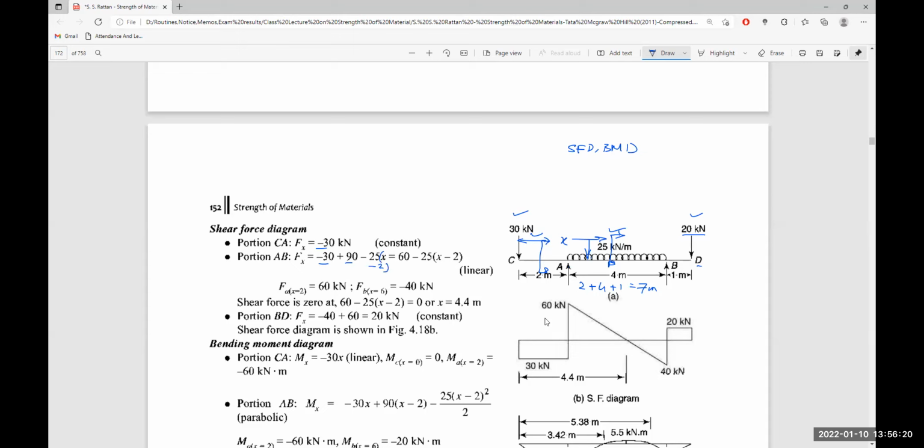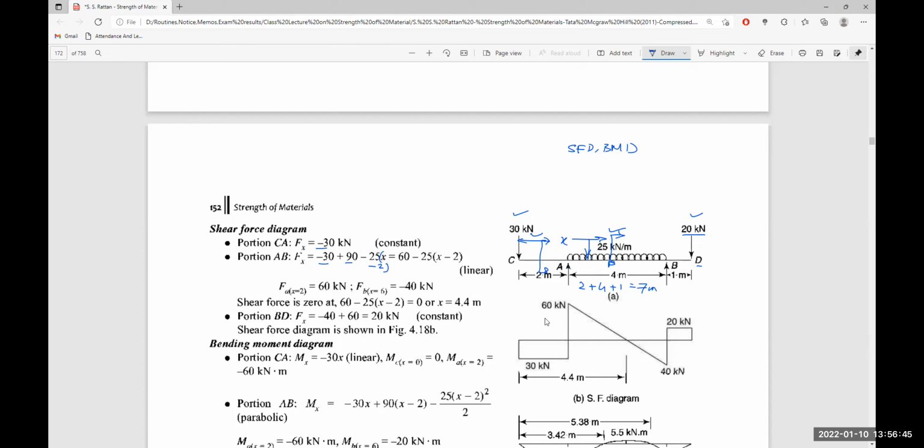So Fx is 60 kilonewton. If we put x equal to 2, the second term becomes 0, so the shear force at A is 60 kilonewton, positive.